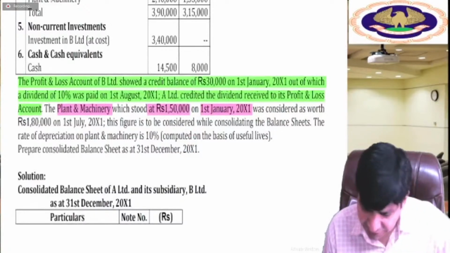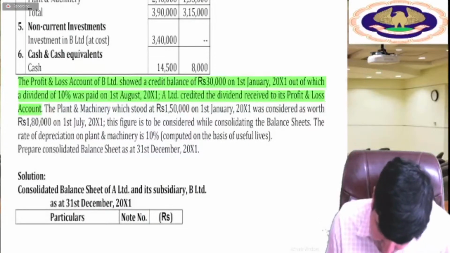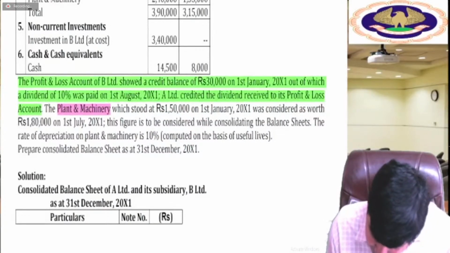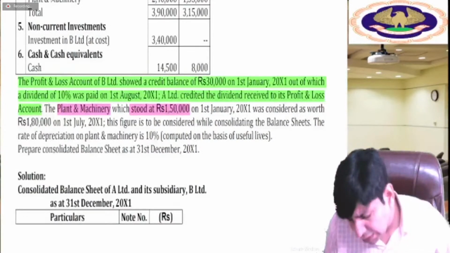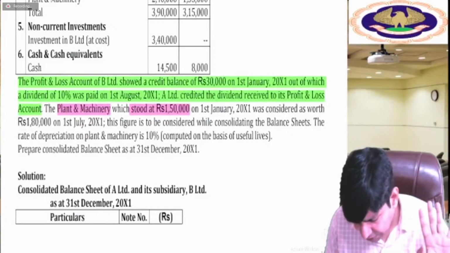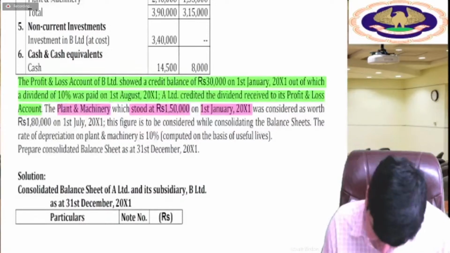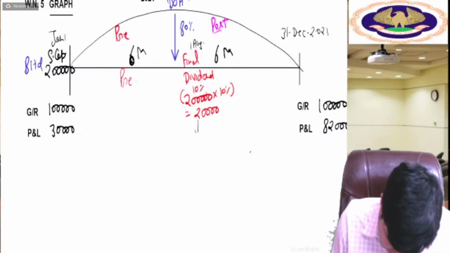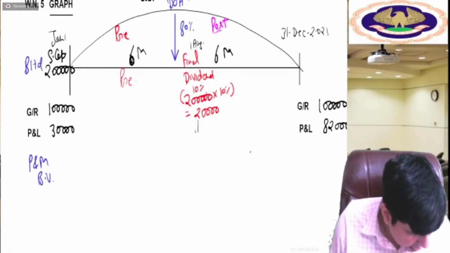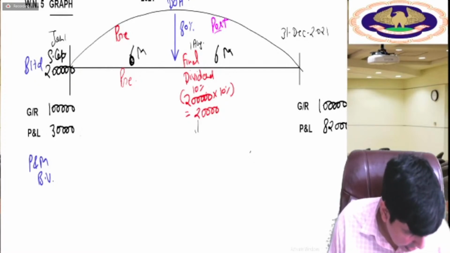Beta, on January 1st, 2021, the plant and machinery book value has been given as 1,50,000. Until and unless market value or worth has been given, always it is clearly given by the question, there is book value.